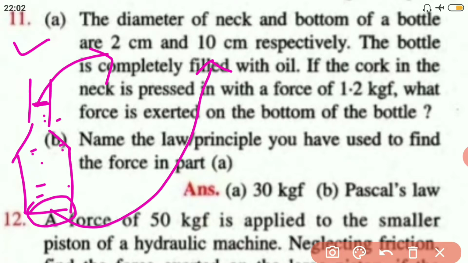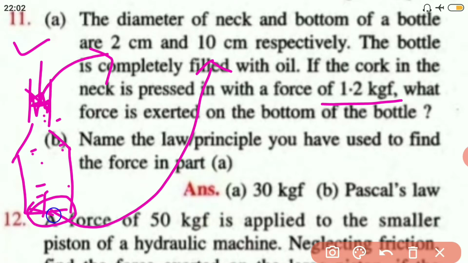Now there is the situation: if the cork in the neck is pressed with a force of 1.2 kgf, what force is exerted on the bottom of the bottle?